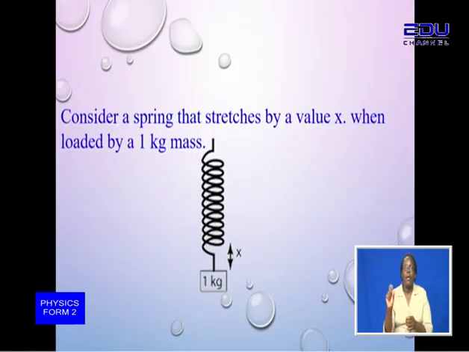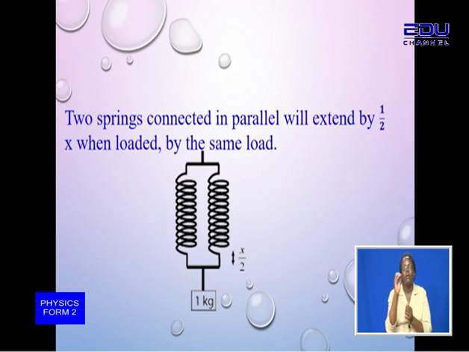With the series connection, let us do the same thing with the parallel connection. So we start off with our single spring that stretches by x, and we know that the force constant is now 10 over x.